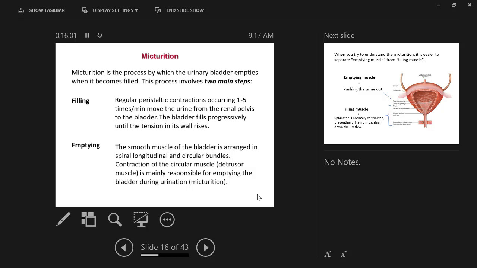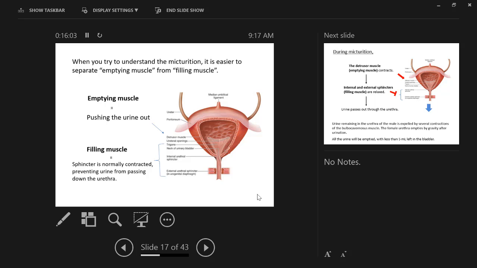As you know, I get confused all the time about many things. So what I always do is develop my own way to understand, even though you don't find it in the textbook or LCOM. Here's what I do on this topic. When you try to understand micturition, it's easier to separate the emptying muscle and the filling muscle.